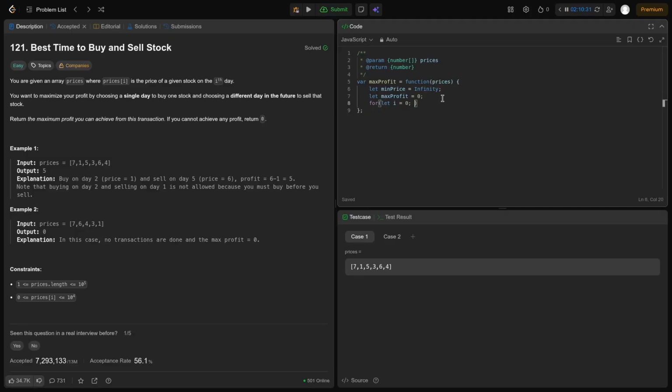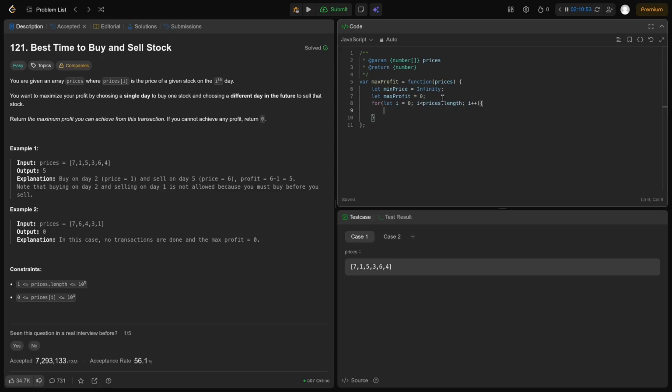So we'll write a for loop here to traverse each element of the array. So how will we find the minimum price?